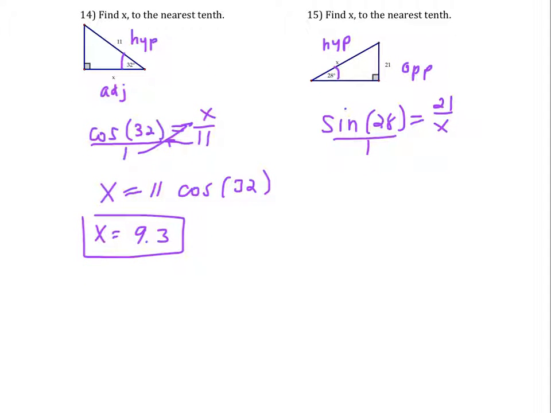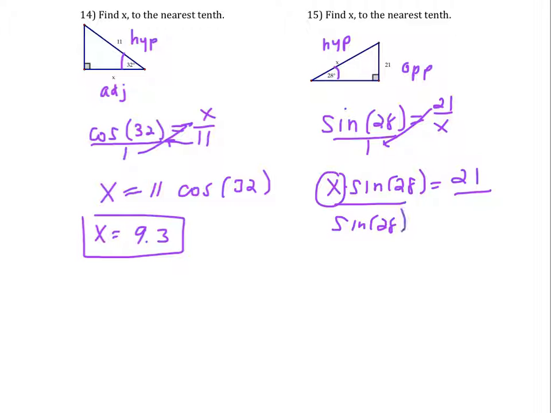Okay, we still cross multiply, and when we do that, we get x sine of 28 is equal to 21, because 21 times 1 is just 21. We're working to get x alone. This is multiplication. Undo that multiplication by dividing by the sine of 28, and do that on both sides.